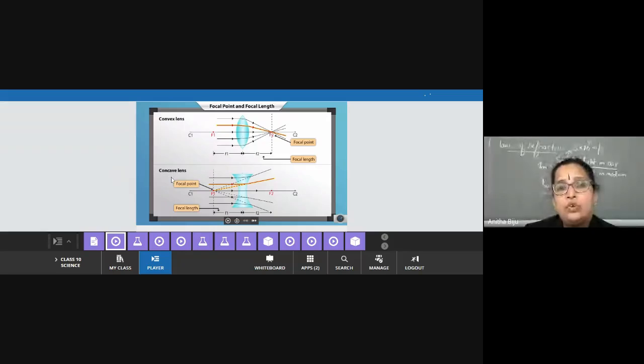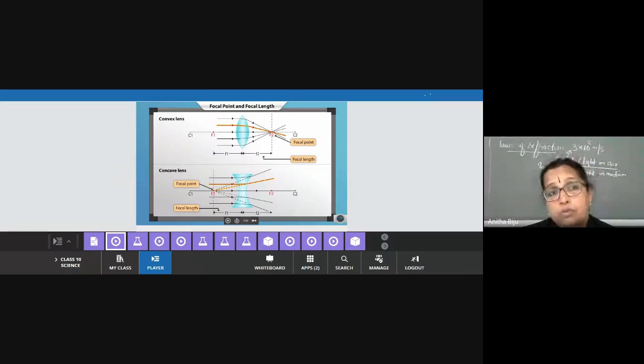Similarly, in the case of a concave lens, the rule is the same. A ray of light which is parallel to the principal axis passes through the focus after refraction. But the difference is that in this case, the refracted ray appears to meet at a point. It does not actually meet.